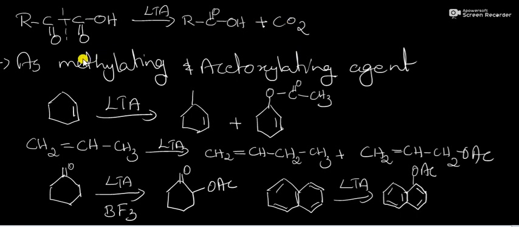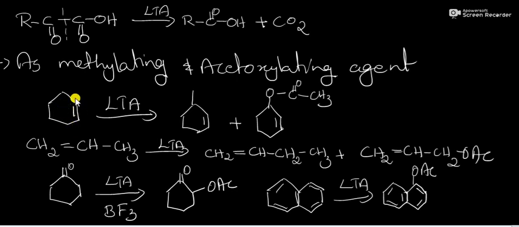Another application of LTA is that it can act as a methylating agent and an acetoxylating agent. When LTA is used, it introduces a methyl or acetoxyl group at the allylic position, benzylic position, or alpha position of an electron withdrawing group. Here is an example.